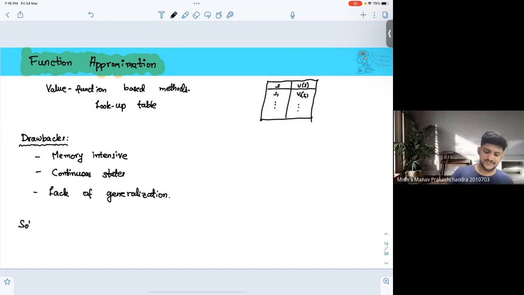So the solution to this is, instead of a value table based method, let's say we have some sort of a function or some sort of a parameterized representation.